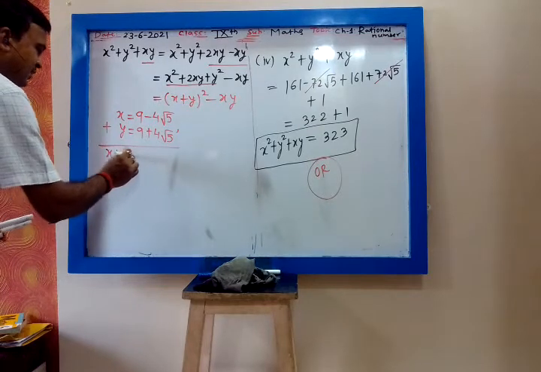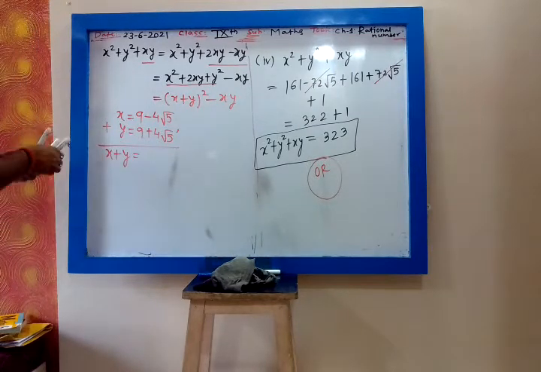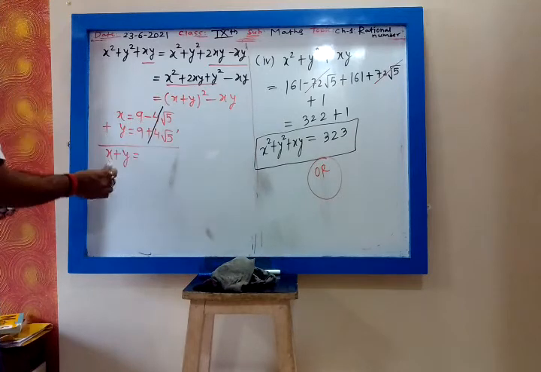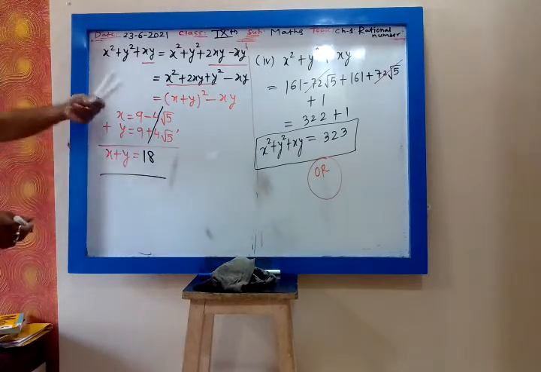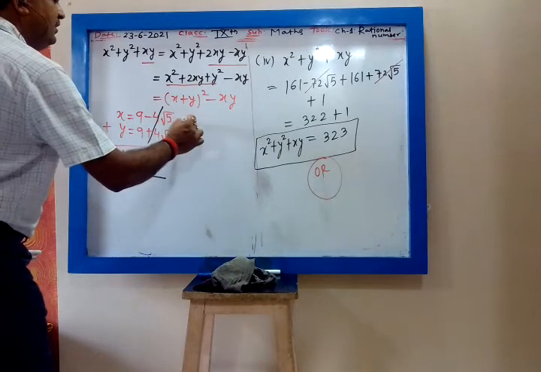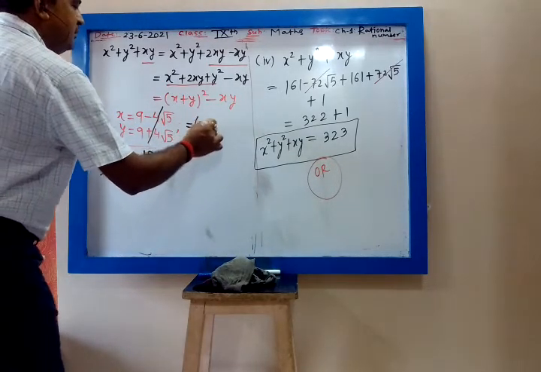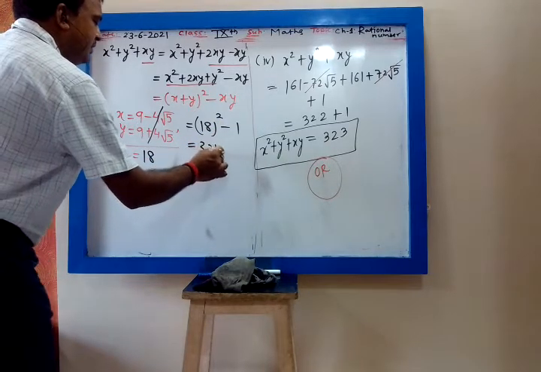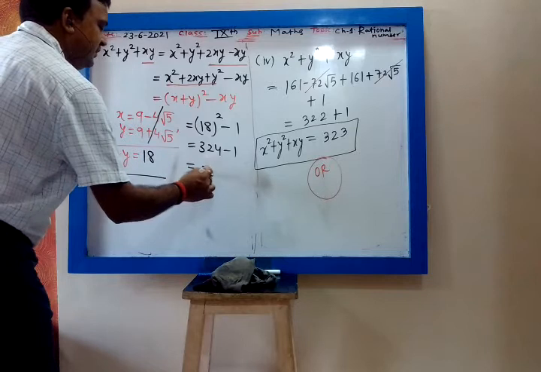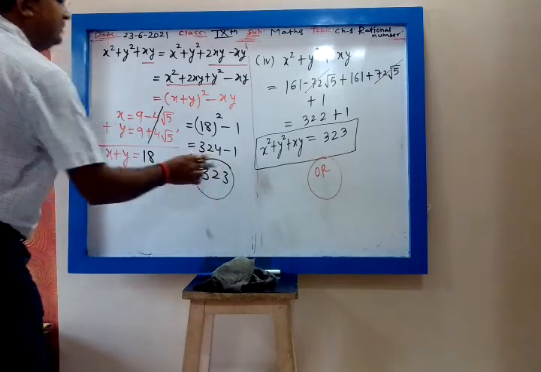You add them. Minus 4 root 5 plus 4 root 5 gets cancelled. That is 18. So now you put this value. What is x plus y? 18. 18 square, minus xy. Xy is 1. 324 minus 1. Answer is 323. This is another way I have explained.